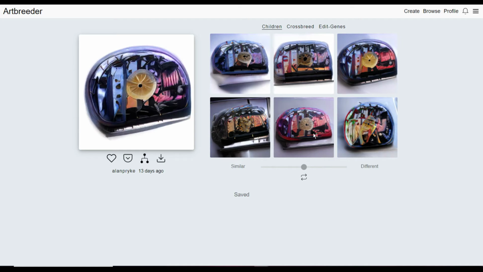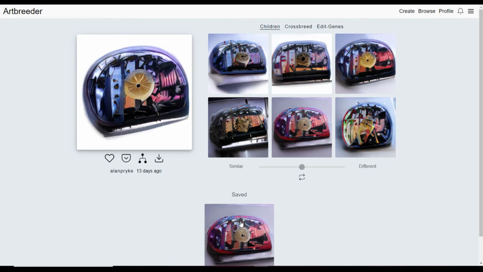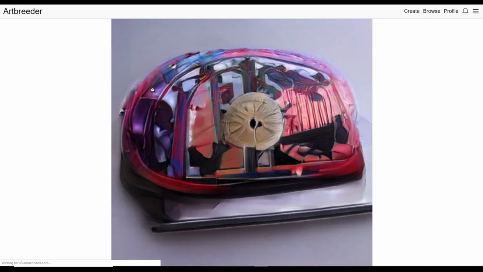I really like this one. It looks just so much like an object, but I wouldn't be able to identify it. It sure is a cool looking one, though.